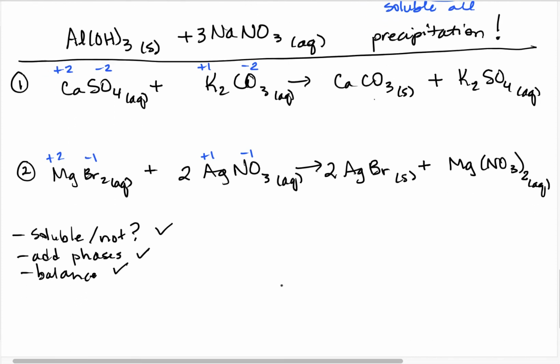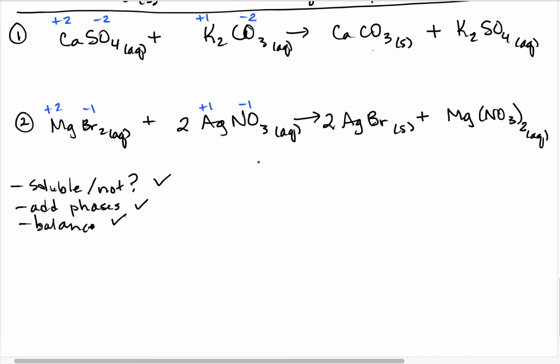All right, so hopefully you were successful at detecting whether they were soluble, adding the phases, and balancing all of these. And the other thing that I want to mention here is where we have our partners swapping places. So if these are my blue and these are my red, then they've swapped partners, right? You may or may not see this also referred to as a double displacement.